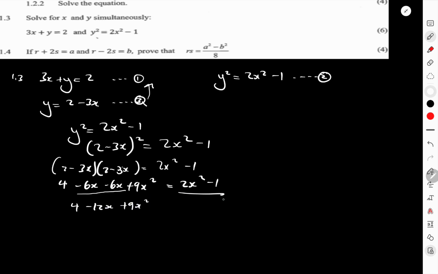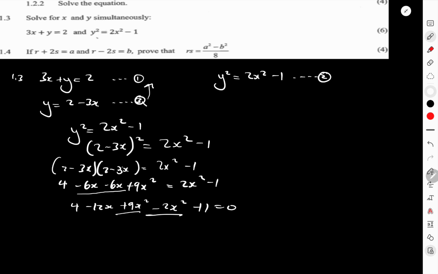Now, all these terms here, let me just take them to the left-hand side, meaning I'm going to have minus 2x squared plus 1 equals 0. Now, this negative 2x squared and this 9x squared are like terms. After doing that, I'm going to see that 9x squared minus 2x squared equals 7x squared.